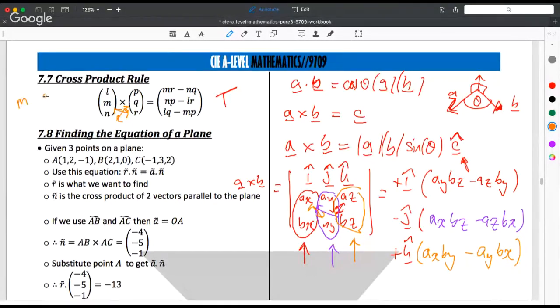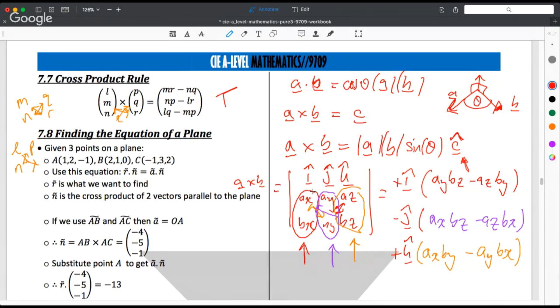For the L1, you're doing MR, NQ, and then for the M1, LP, NN, you're doing this.